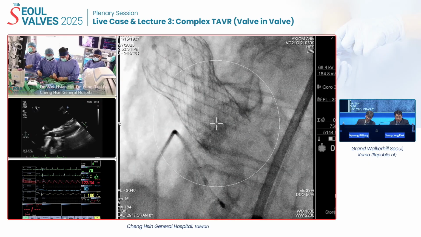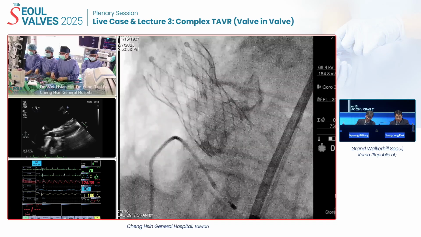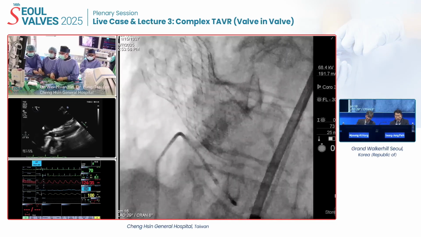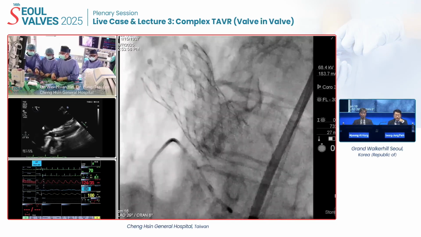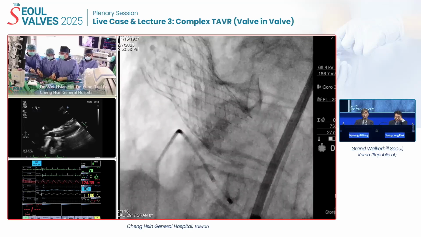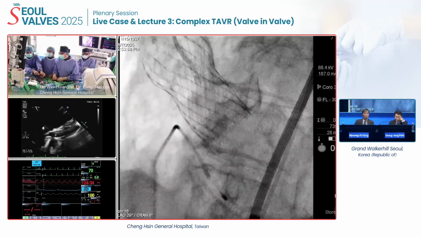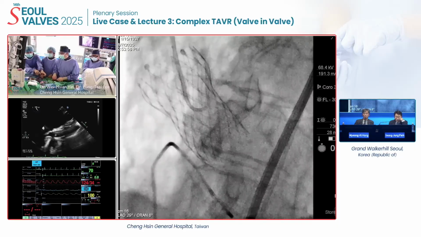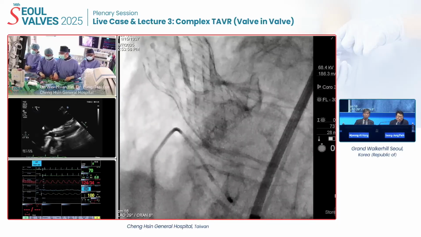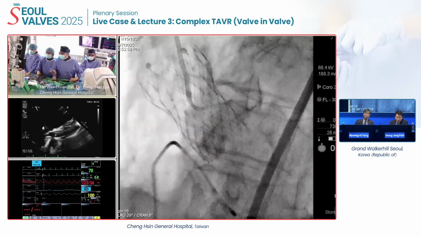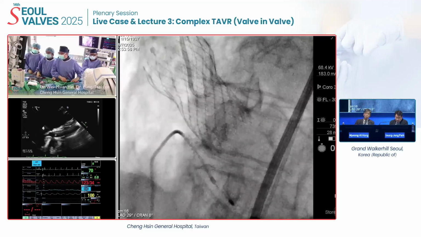So we decided to choose a 20 millimeter SAPIEN 3 overfilled, maybe 1 to 1.5 cc, instead of 23 underfilled, because we think that oversized underfilling will lead to pinwheeling, and that may compromise the hemodynamics and the valve performance.